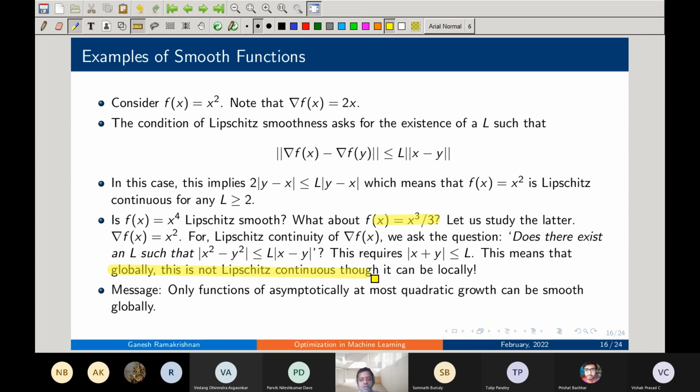Globally, this is not Lipschitz continuous, though it can be locally. So only functions of asymptotically at most quadratic growth can be smooth globally. That's what we tried showing with x square here. This is an example. You could come up with a lower bound and upper bound both.